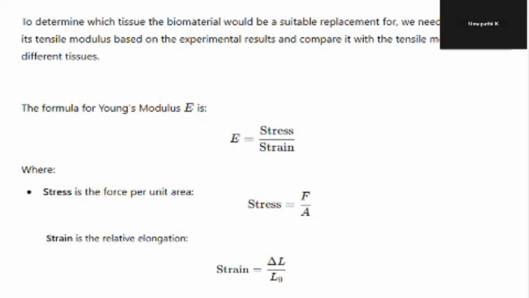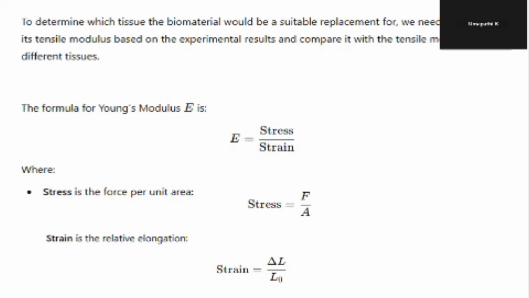To determine which tissue the biomaterial would be a suitable replacement for, we need to calculate its tensile modulus based on the experimental results and compare it with the tensile moduli of different tissues. The first step is to analyze the Young's modulus.